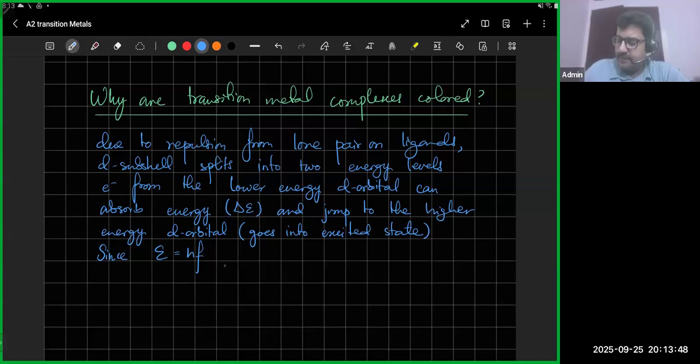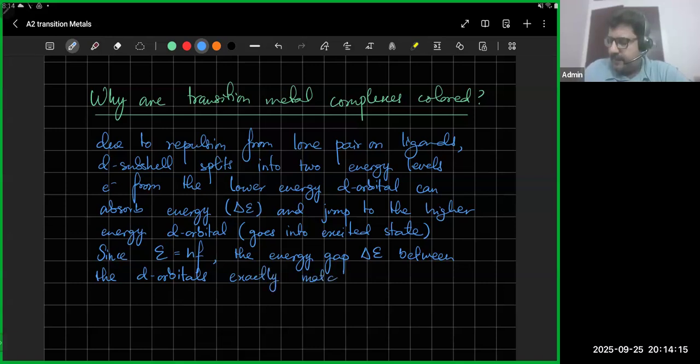So since E is equal to hf, the energy gap delta E between the d orbitals exactly matches frequencies that belong to the visible spectrum.